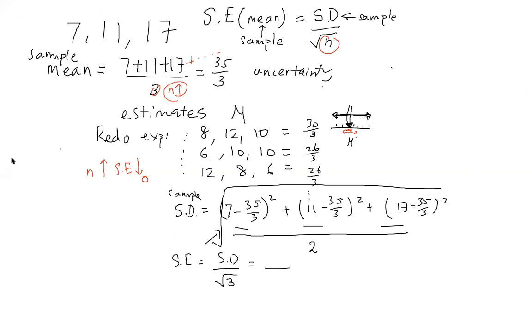So your standard error for the next study is given by the standard deviation over square root of n. This n star is the sample size for the next study.